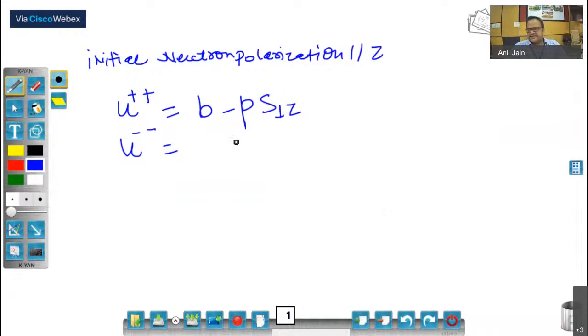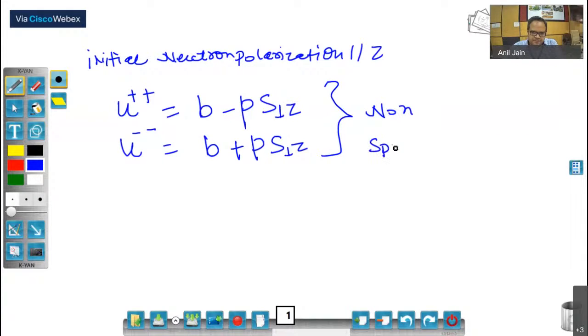This can be written as B plus P_z. So these two processes describe non spin flip scattering, meaning the neutron's spin remains the same after the scattering.